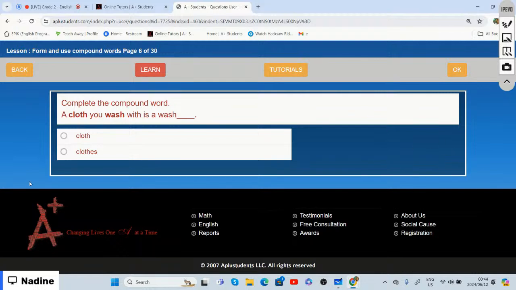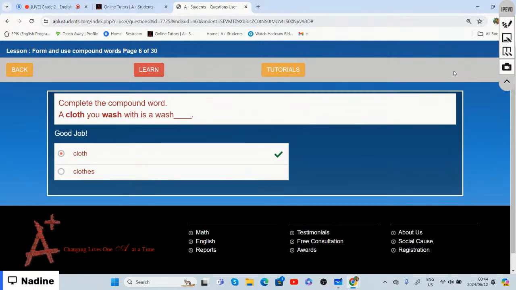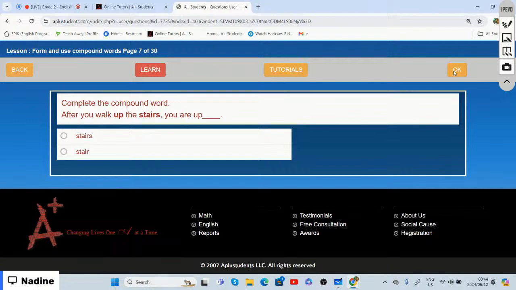All right, a cloth that you wash with, we say that's a washcloth, right? So yes, well done. A washcloth. It's a cloth that you can wash with.